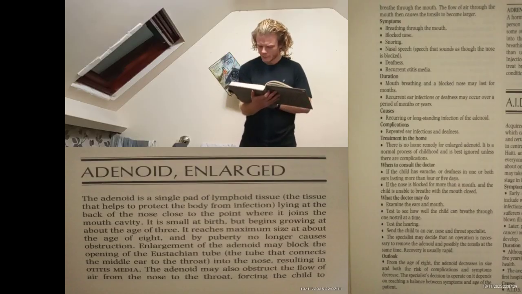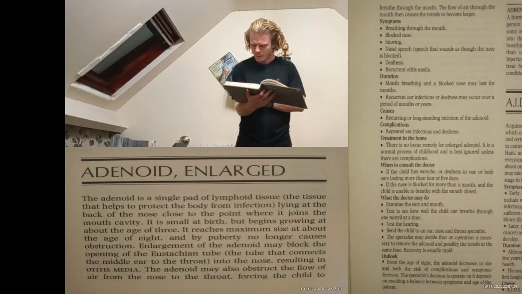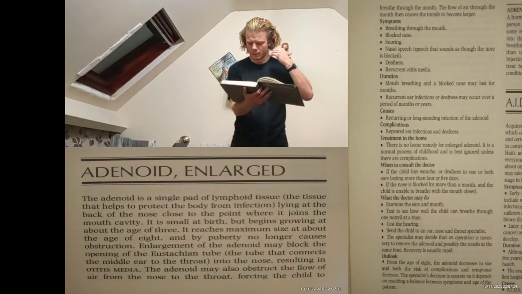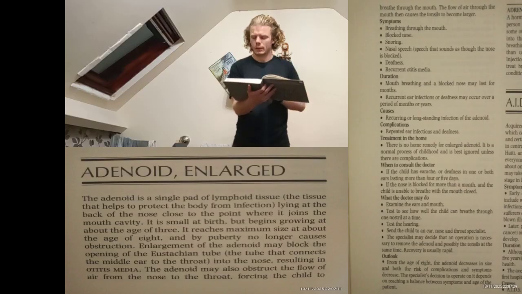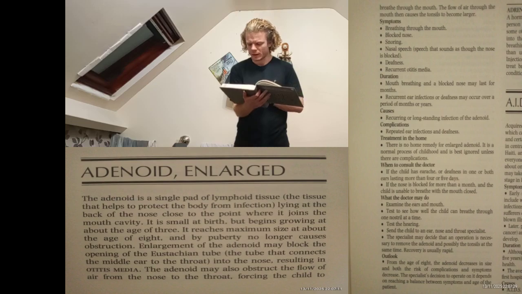It blocks the eustachian tube, which goes from the middle ear to the throat, or to the nose, resulting in otitis media. When the adenoid is enlarged, it results in otitis media.